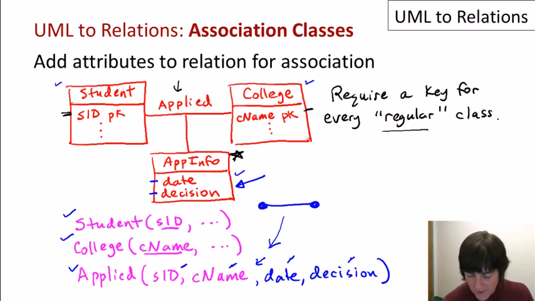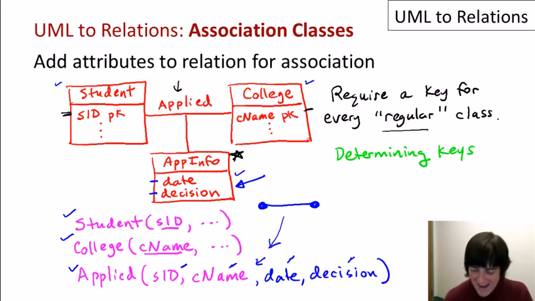And the last thing that I wanted to mention is that the rules we saw for determining keys for the relations associated with associations and for folding in the relations for associations also work when we have an association class. And it just goes naturally. You just bring the attributes with the association class along with the attributes that you have for the association. You might want to give that a try on an example just to see how it works. But again, it's pretty straightforward.